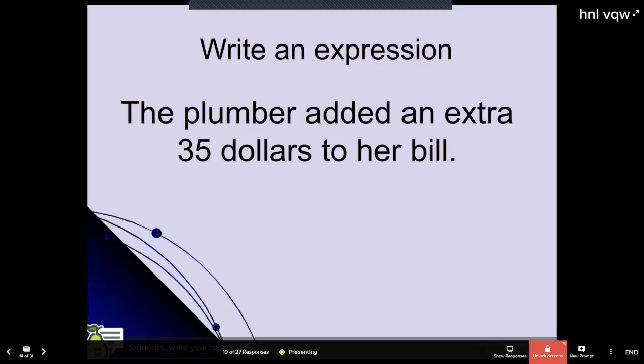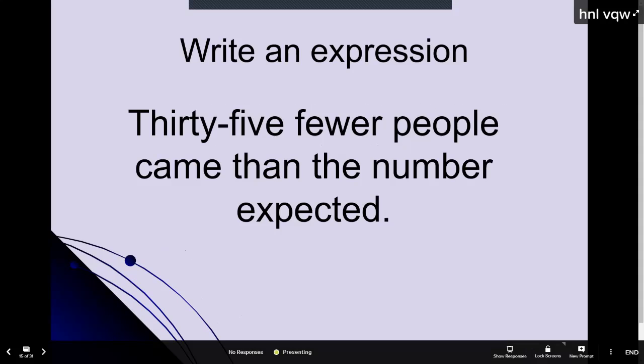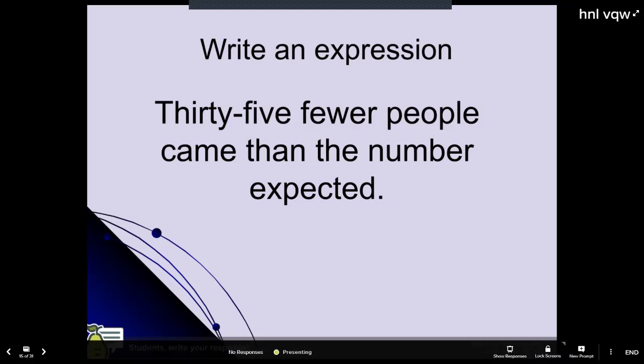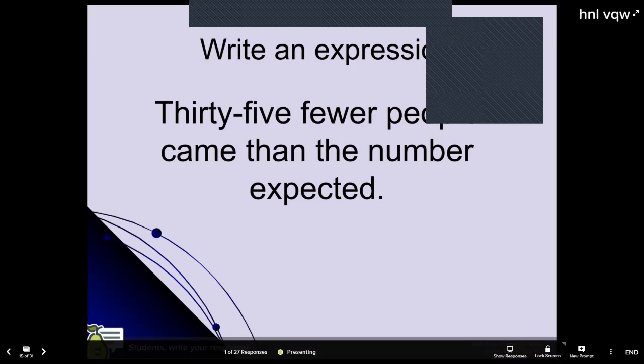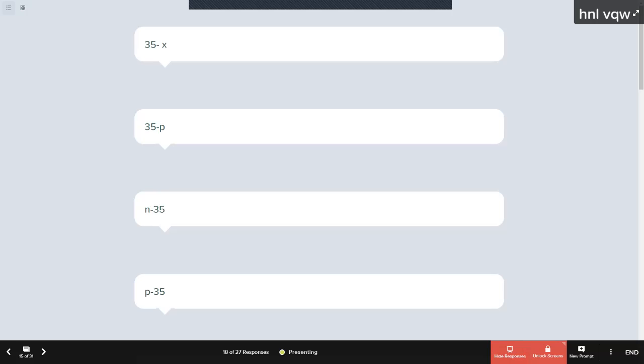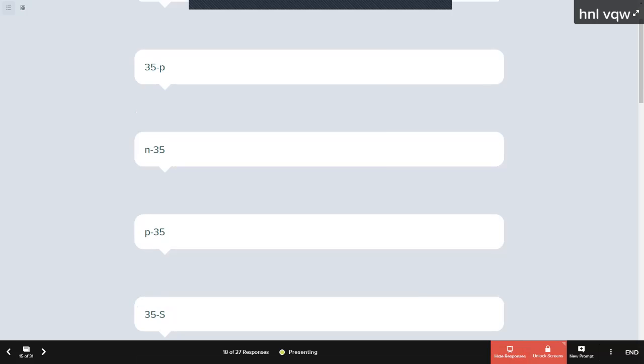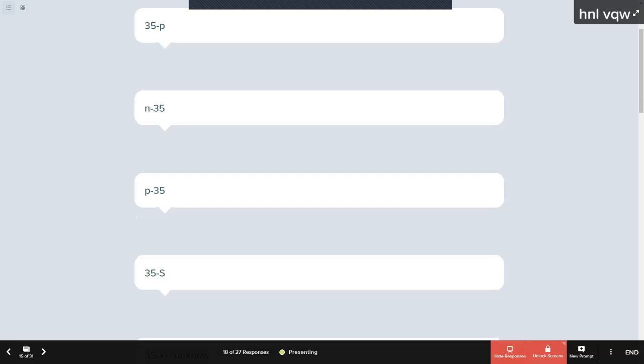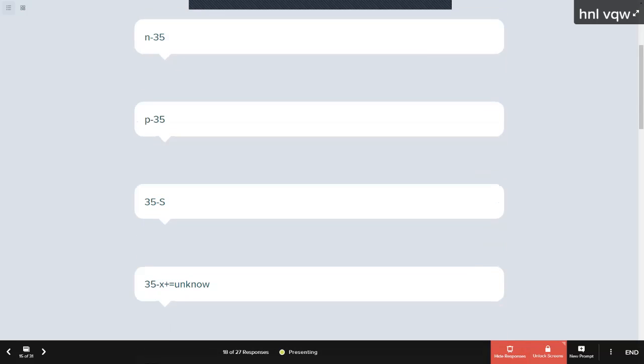We'll do one more and then we'll wrap up for today. 35 fewer people came than the number expected. All right, so you guys said 35 minus x. Close. Then we have a bunch of people that said n minus 35 or p minus 35.